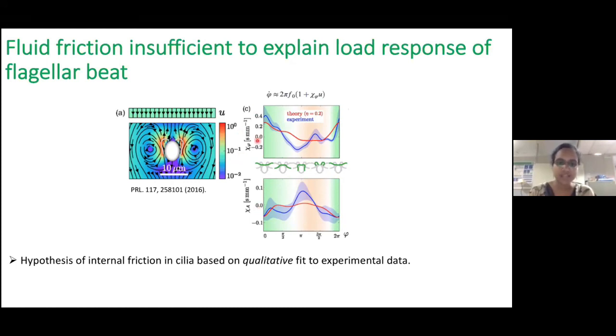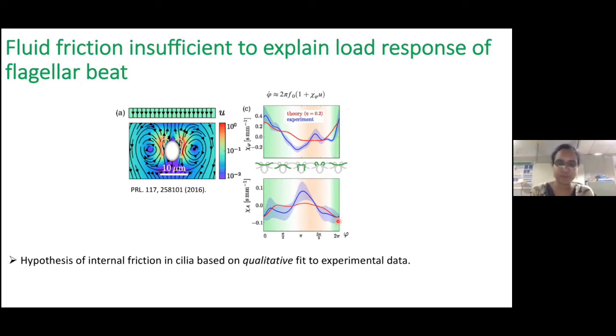And you can plot the amplitude and phase susceptibility and write down equations of motion to figure out whether such a behavior can be explained. And what was found out was that even to get a qualitative fit to the experimental data, an extra source of friction was required.